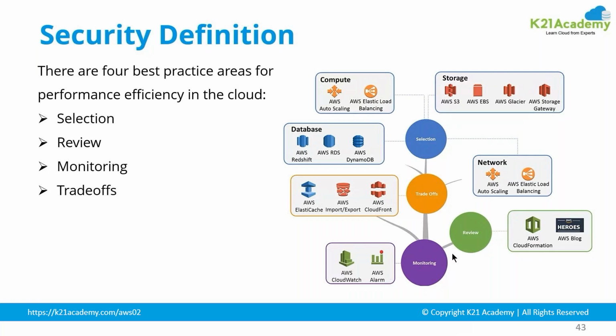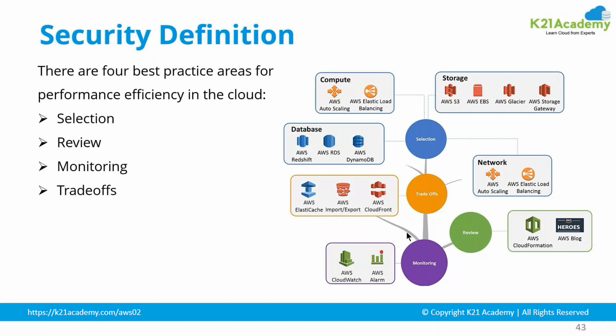For reviewing, you can use AWS CloudFormation. For caching, you can create a cache wherein you can have Amazon ElastiCache, or CloudFront services to create a layer of cache for your users.